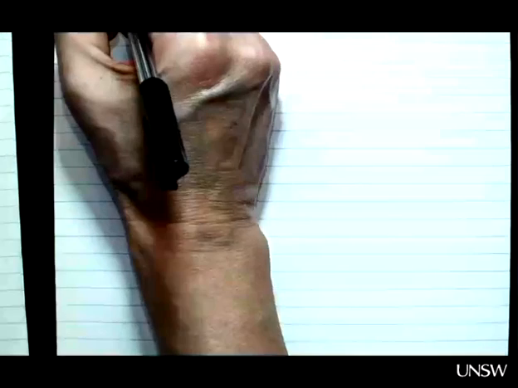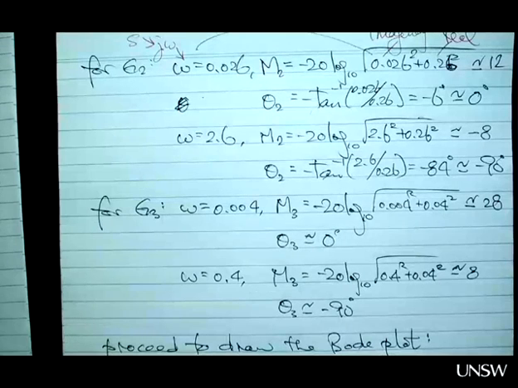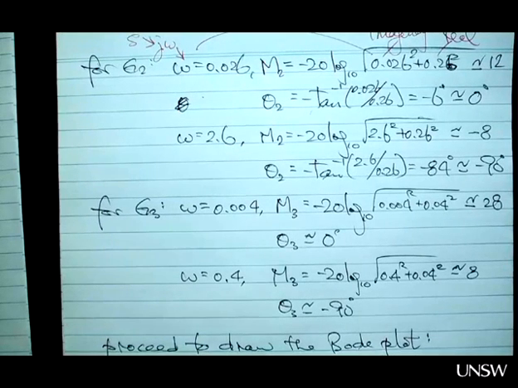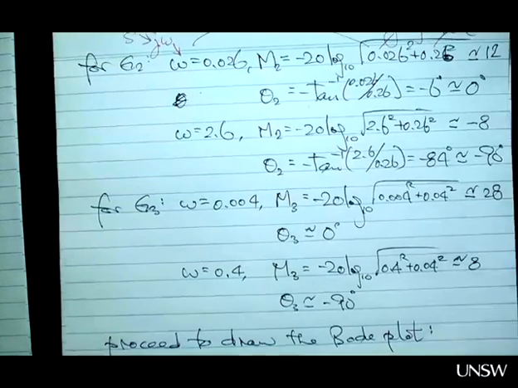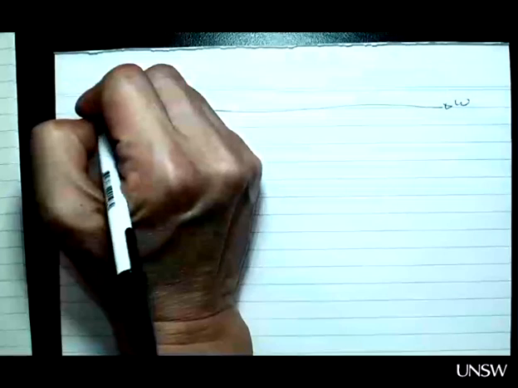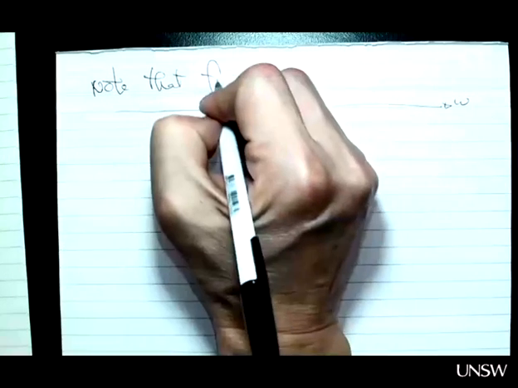Then we construct the frequency scale, the frequency axis, the omega. Just log 10. Log 10 scale. And then we log that frequency range of interest, right?